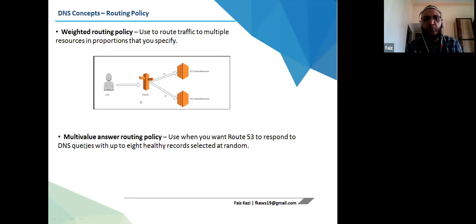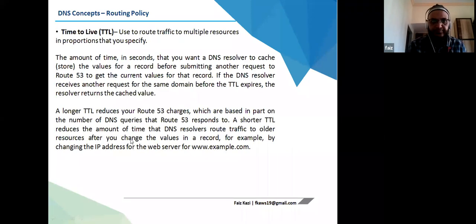So if you want to do that, you have to use multi-value answer routing policy. Each NS record or each SOA record will also have time to live, TTL. If you talk about a network session or web session, this is an important concept to know about.